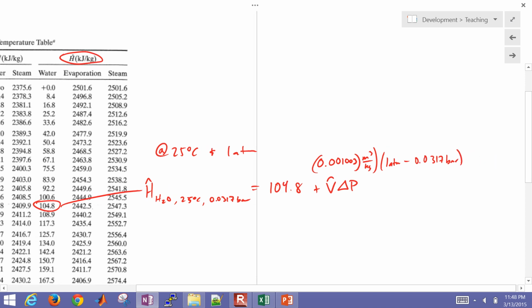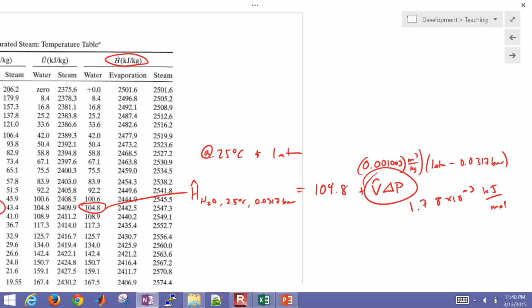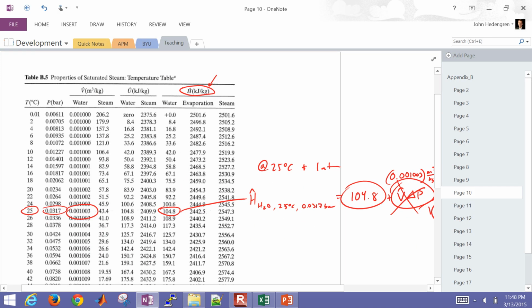When I do all the unit conversions, this works out to be 1.678 times 10 to the minus 3 kilojoules per kilogram. I could convert that to kilojoules per mole as well, but this is going to be a very, very small number. So for liquid water, we really don't need to worry about that, so we're going to go with about 104.8. Okay, let's go back to the slides now.